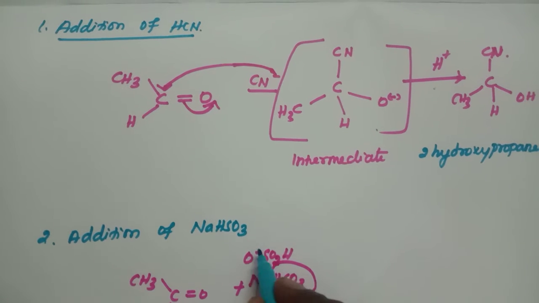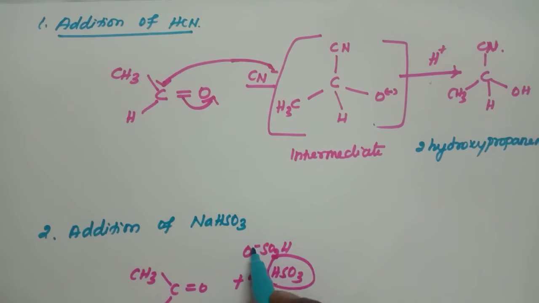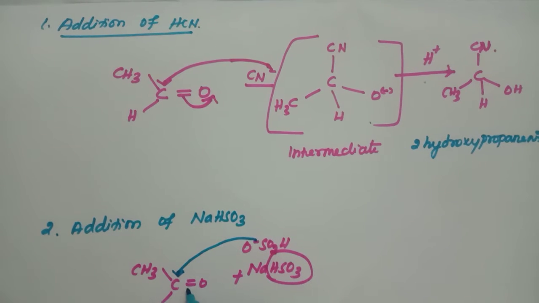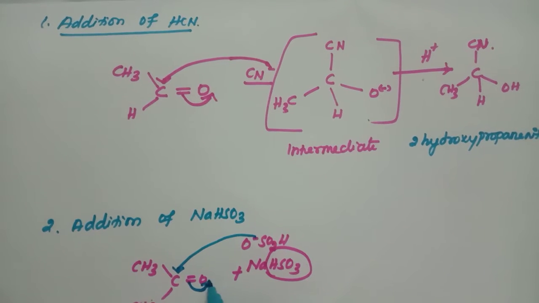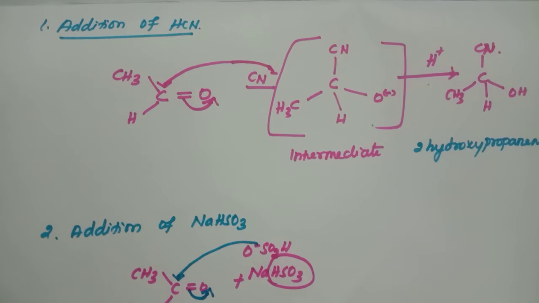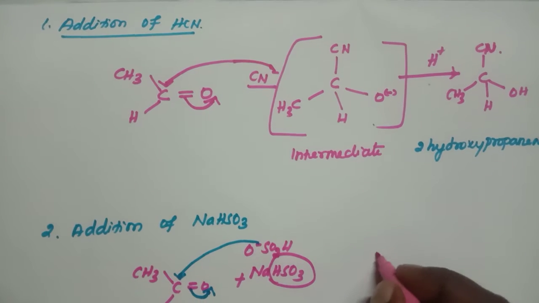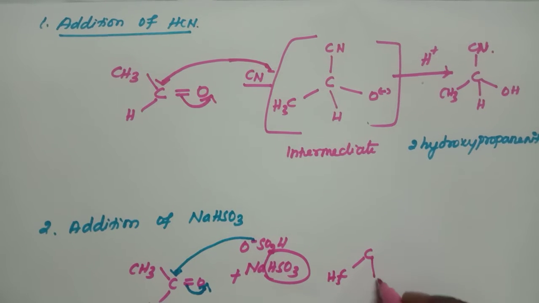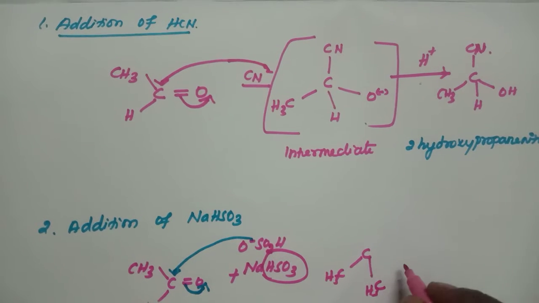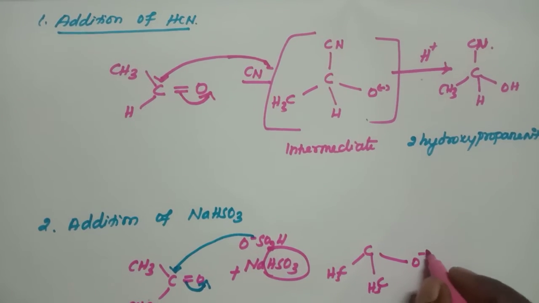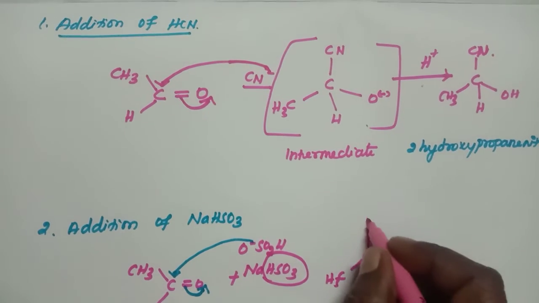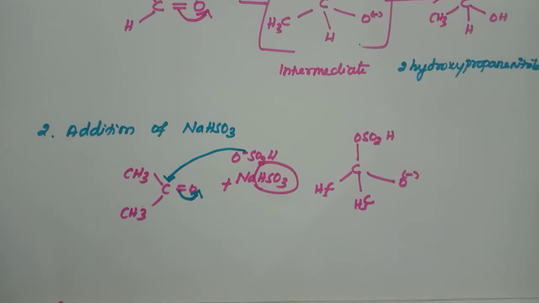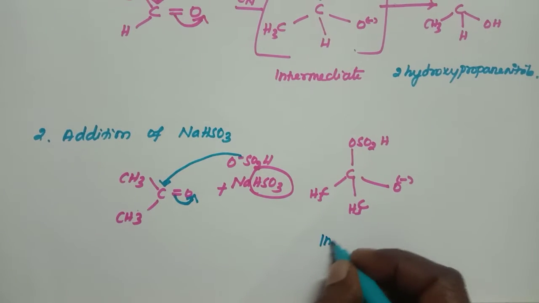This oxygen carries the negative charge, so these two electrons attack this carbonyl carbon. These electrons shift to the oxygen atom and form an intermediate, CH3, oxygen, and this is OSO2H. This is an intermediate.